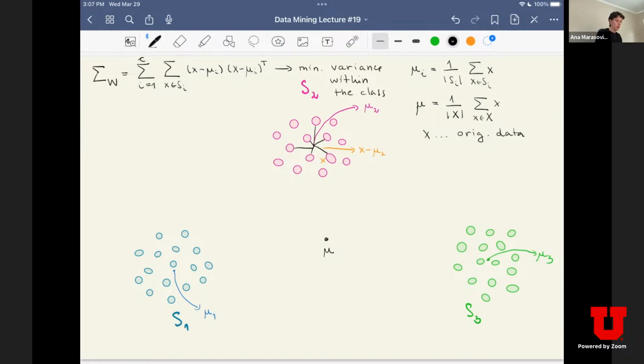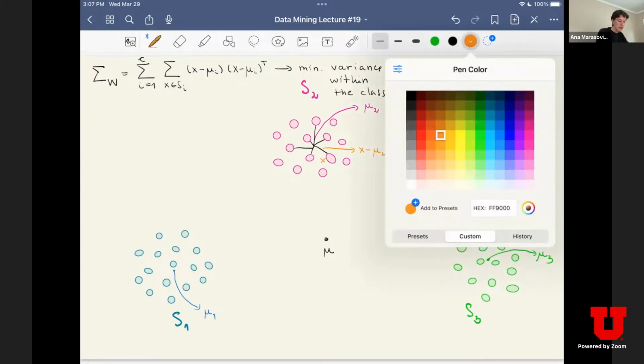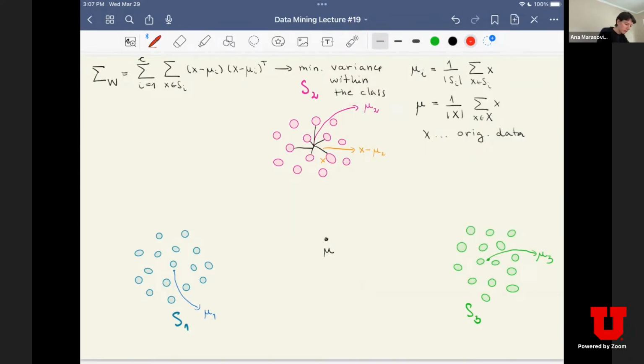So we have mu, which is the mean of our entire data. And then we want to look at the distance of each one of the means of the smaller blobs. From here to here, from here to here, and from here to here. So we have these 3 distances, and we want to maximize those. We want to separate these blobs as much as possible.